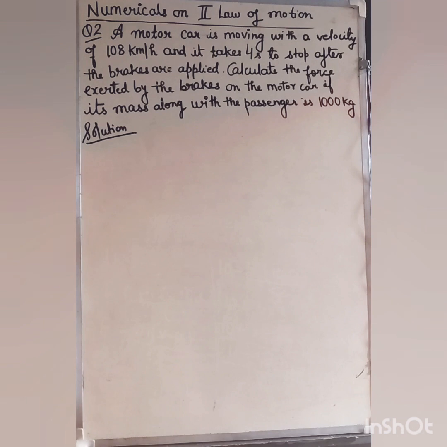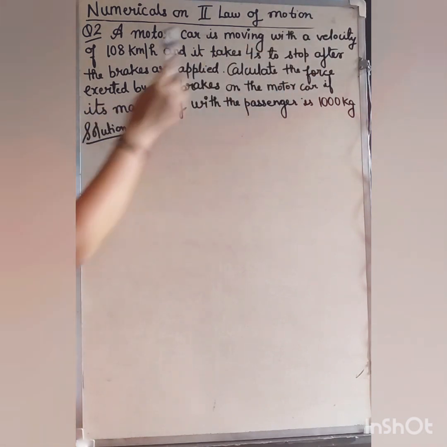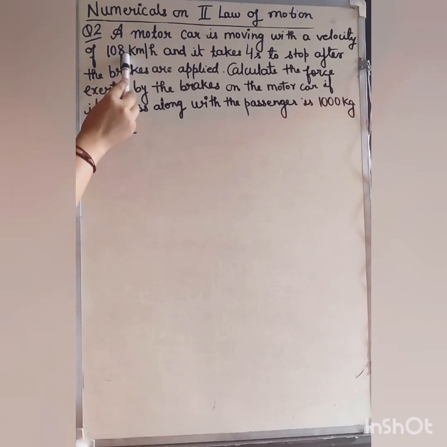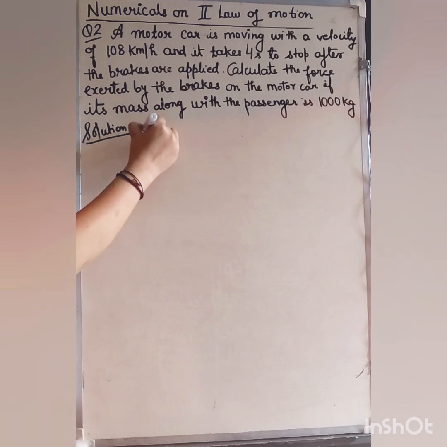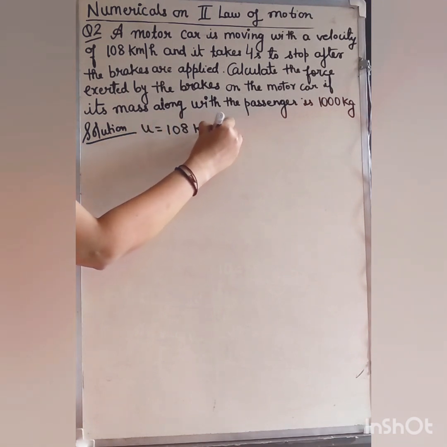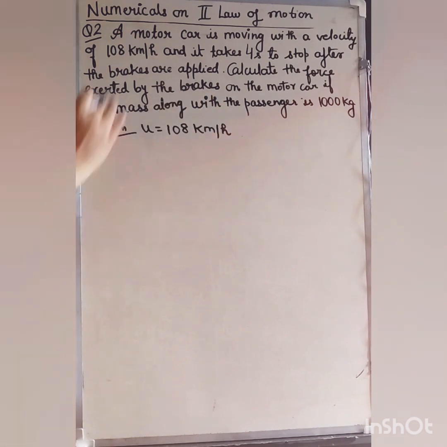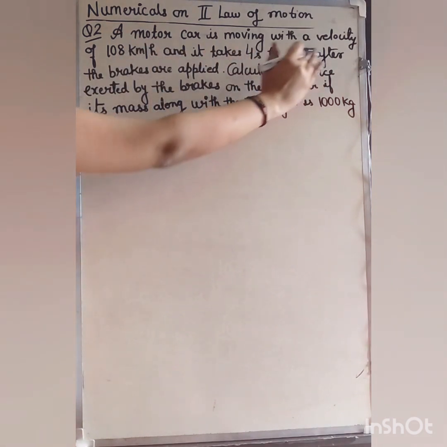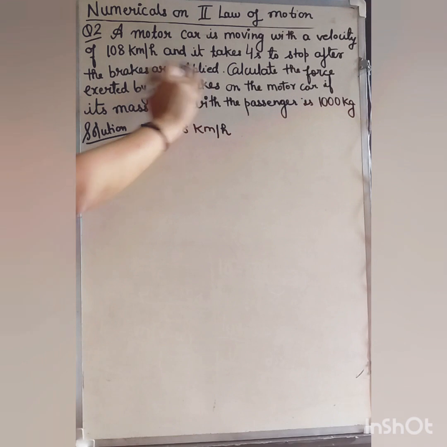Now students, in the second numerical we have a motor car which is moving with a velocity of 108 km per hour. So it means that my initial velocity is 108 km per hour. Now it takes 4 seconds to stop after the brakes are applied.